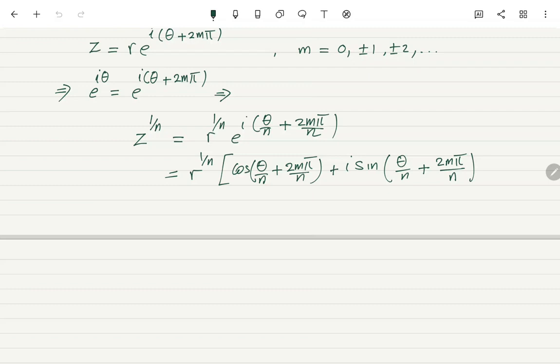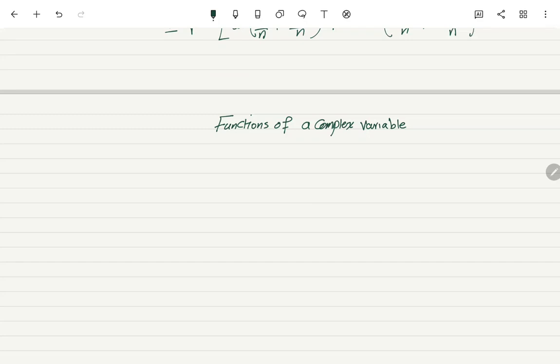Let's define functions of a complex variable. If f of z is a function of a complex variable, it's equal to u(x,y) plus i v(x,y).